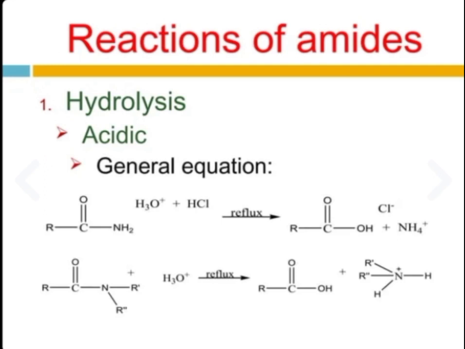Here is the general equation for acidic hydrolysis. Just take a look at it and try to remember and understand it. Since we are just using the internet, I know that all of us have difficulties with it, so you can search online for additional information.